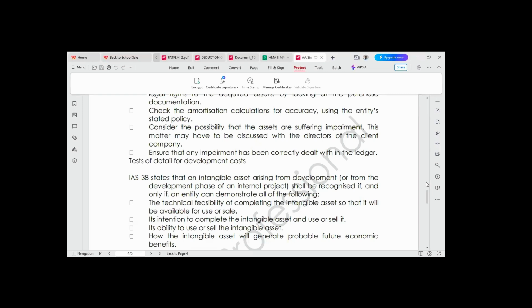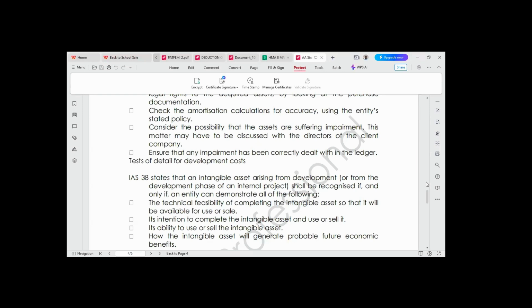Number one, the technical feasibility of completing the intangible asset so that it will be available for use or sale. Number two, the intention to complete the intangible asset and use or sell it. Number three, its ability to use or sell the intangible asset. Number four, how the intangible asset will generate probable future economic benefits.